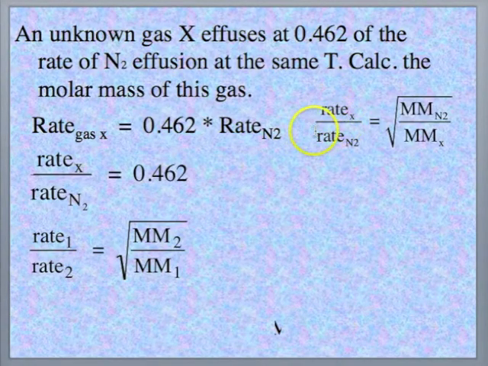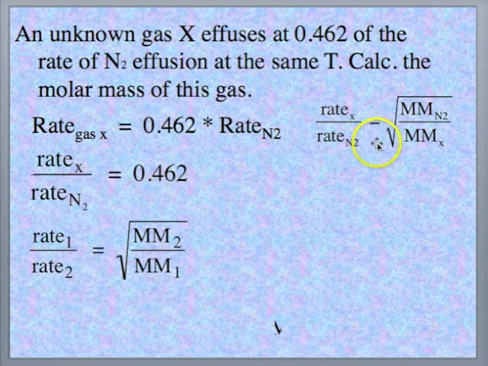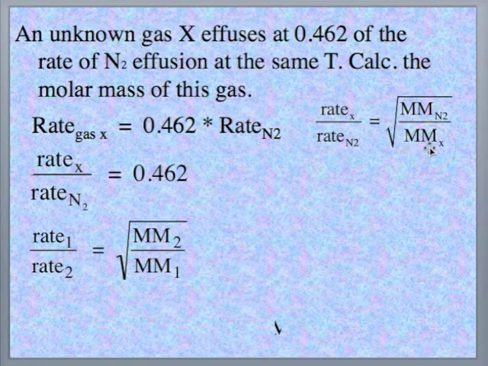So putting that in terms of this problem, the rate of gas X over the rate of N2, which we know, by the way, is equal to 0.462, is equal to the square root of the molar mass of nitrogen over the molar mass of gas X. Oh, you see where this is going?